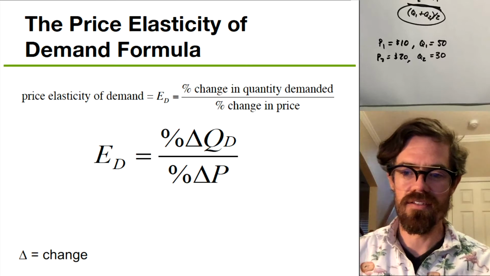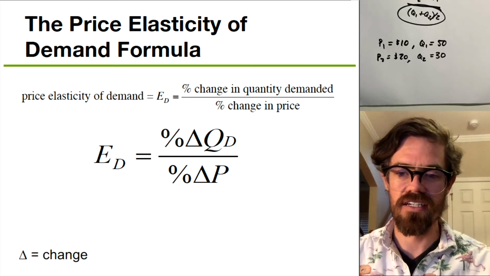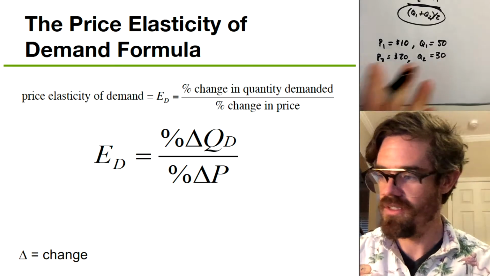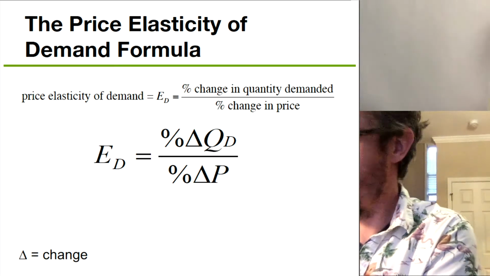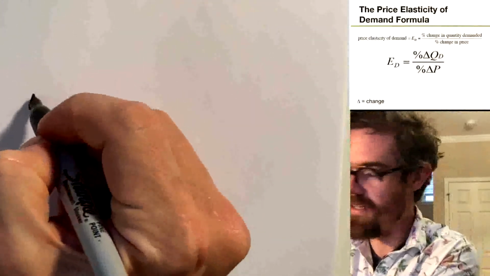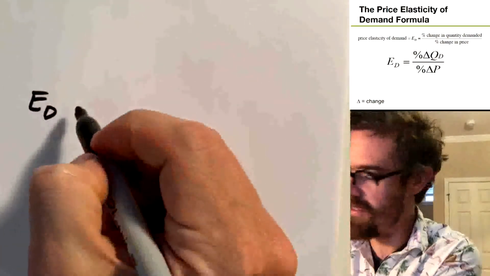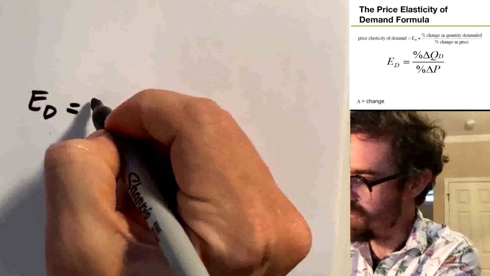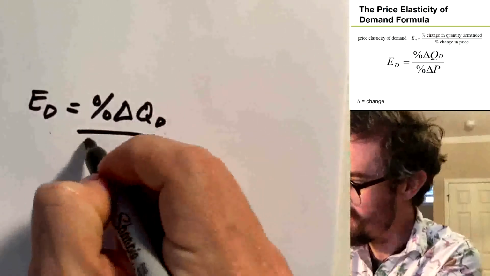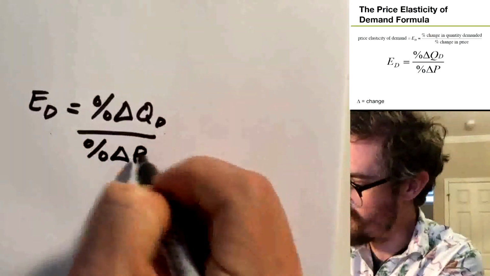So when demand is relatively elastic or responsive, it basically means that the percent change in quantity is bigger than the percent change in price, right? So let me switch over to my doc cam. We've got price elasticity of demand equal to percent change in quantity demanded divided by percent change in price.